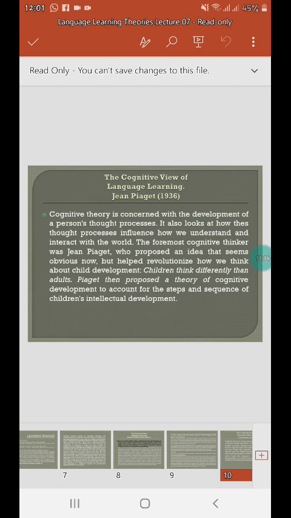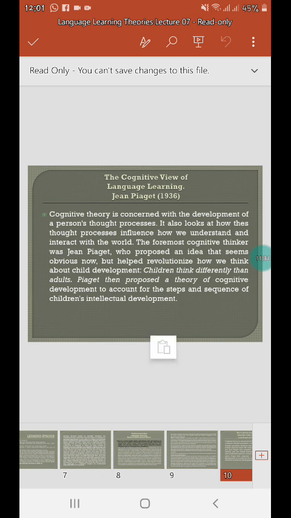The cognitive view of language learning, Jean Piaget, is concerned with the development of a person's thought process, and it also looks at how these thought processes influence how we understand and interact with the world.